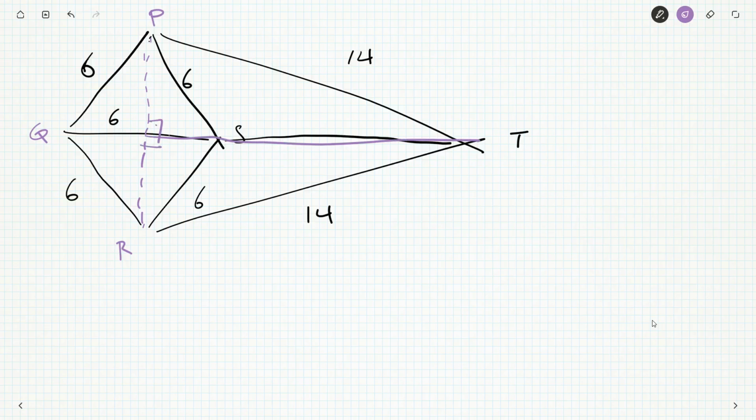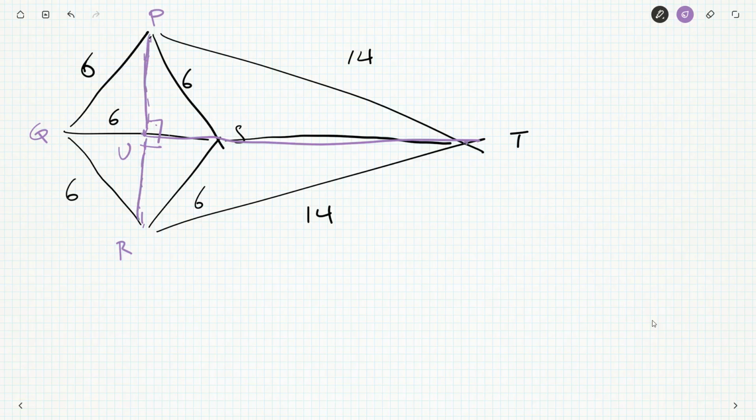And so you can see this because T to this base point that I'll call U is going to be a right angle, but S to U is also going to be a nice little right angle by symmetry. And so PU is an altitude of my top equilateral triangle, and RU is an altitude as well. But we can figure out these heights of these triangles.